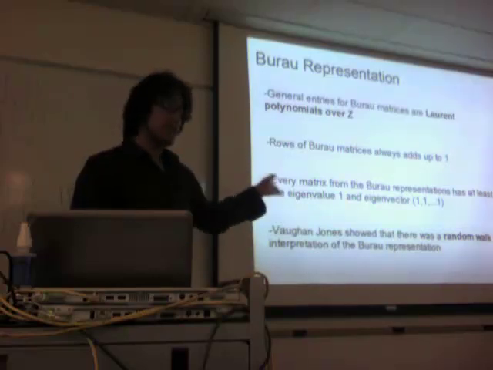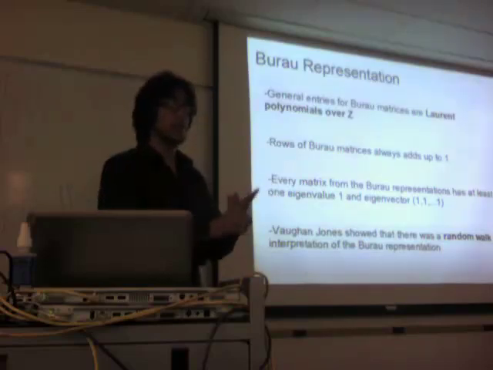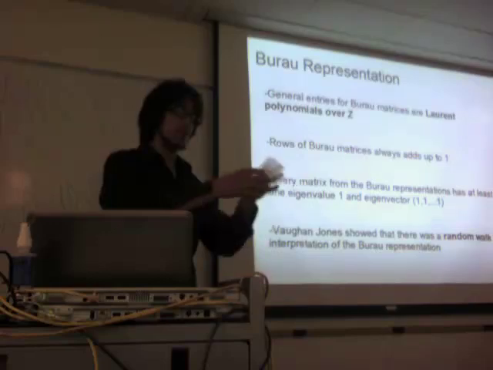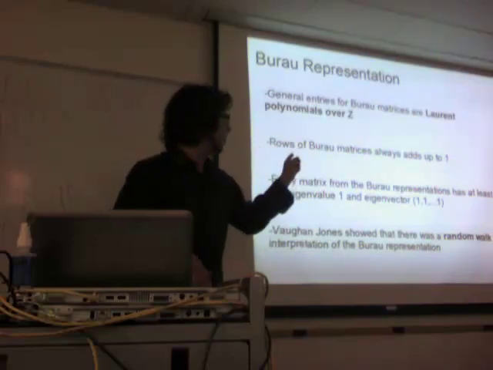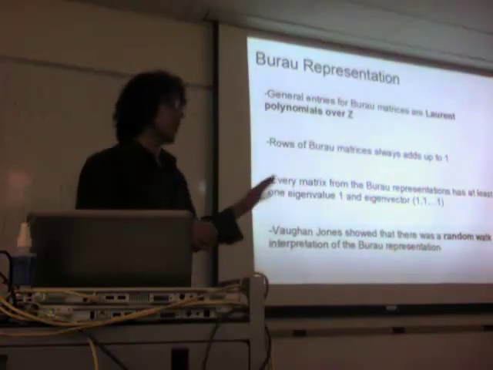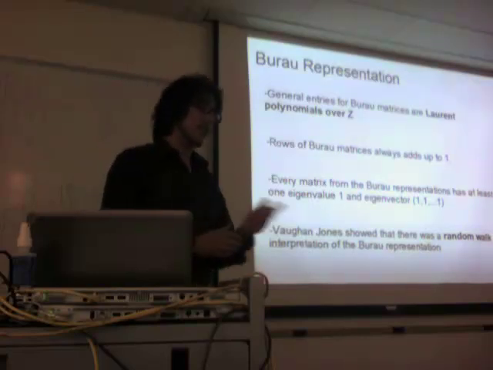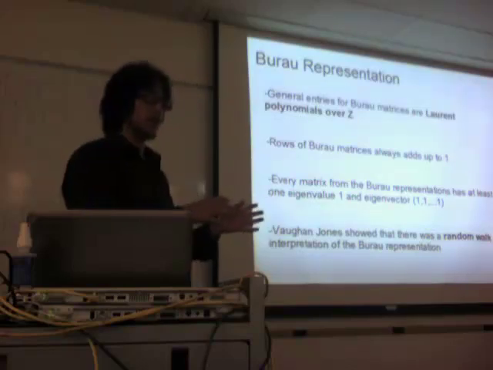A consequence of that is that it has an eigenvalue of 1 and an eigenvector of all 1s, depending on how many entries, if it's an n by n matrix, a vector of all 1s. If you know what eigenvector and eigenvalue mean, then that means something to you. It was Vaughan Jones who noticed that matrices that have this property are usually stochastic.